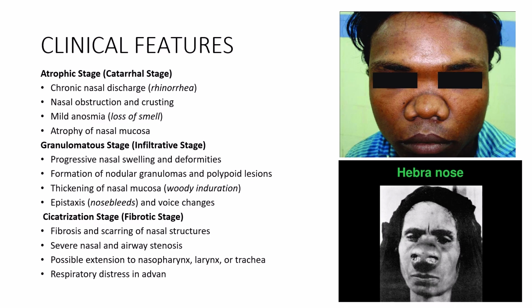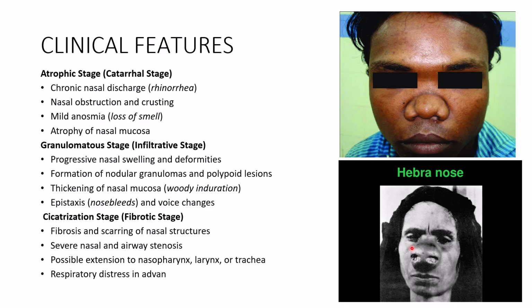These nodules have a particularity: they have a woody consistency. Because of this woody consistency, it's known as Hebra nose. If you see the image over here, let me show you.